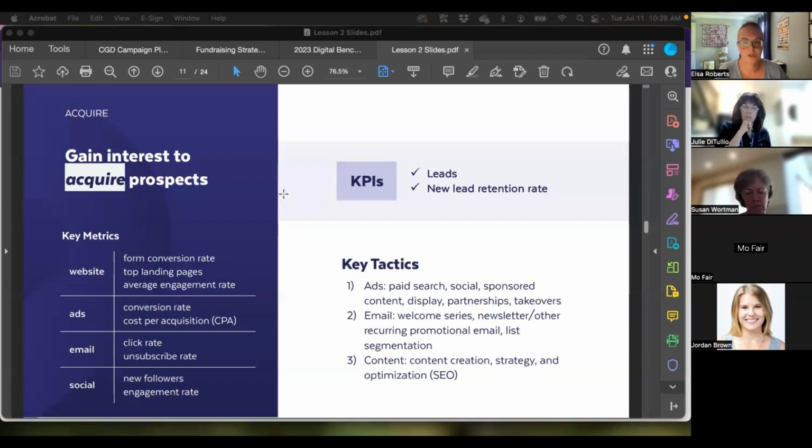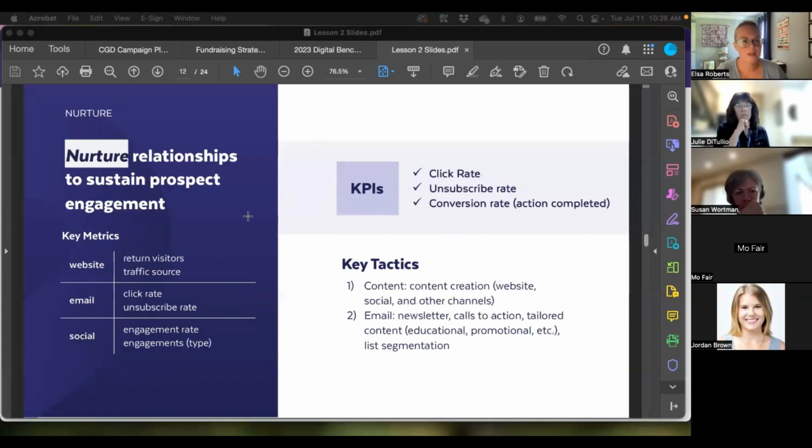When you get to the nurture point along the pathway, in terms of metrics to pay attention to, it would be again website traffic, return visitors if you're interested in seeing how many people are coming back to your site. For email, click rate and unsubscribe rate are still going to be important.